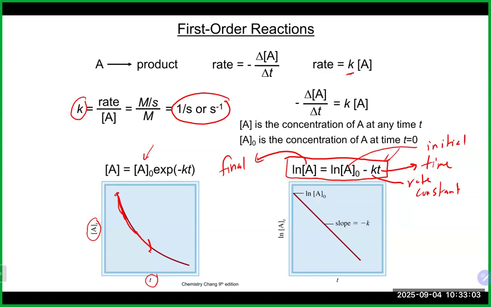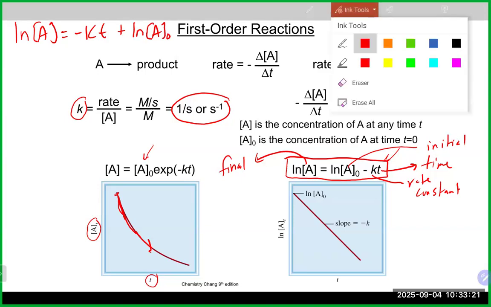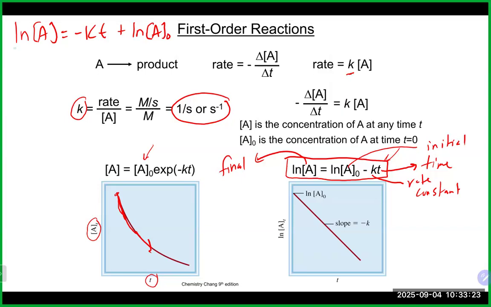So when we take this integrated rate law, you could actually rearrange it and write it like this: the natural log of A is equal to minus kt plus the natural log of A naught. And when you rewrite it like this, that is in the form of a straight line, or y equals mx plus b.